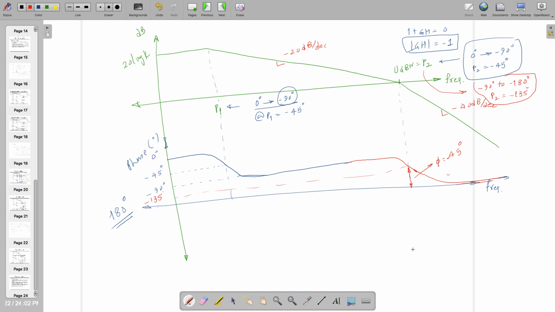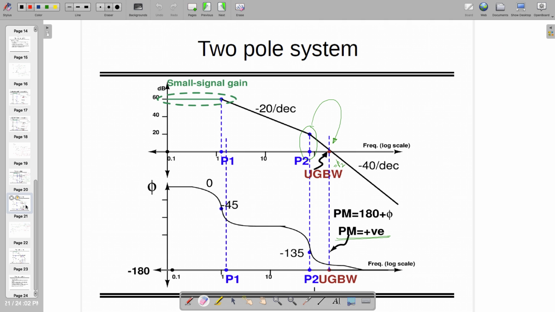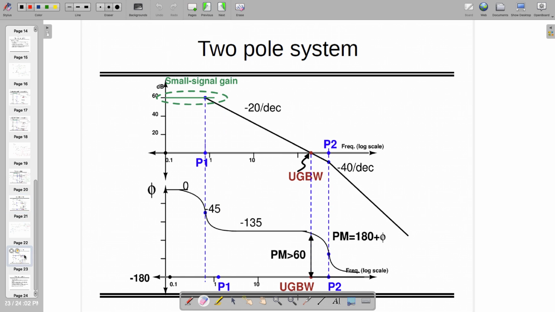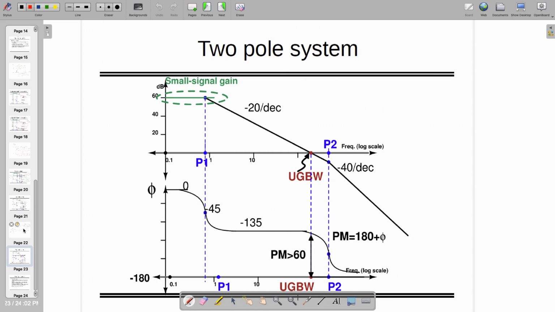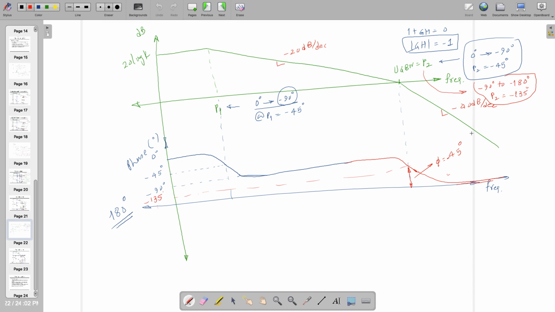Okay, if you look at the phase margin, I made a mistake, I have not drawn that. So at this one it's minus 45 degree, so you have to add it to 180, and you'll get what is actually required. So you can find out the phase margin.